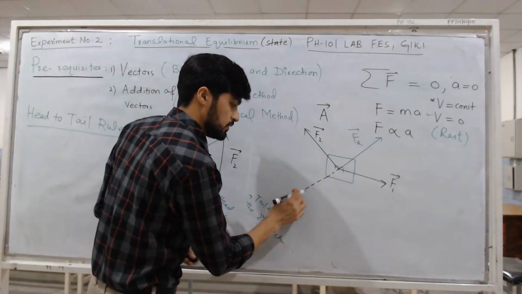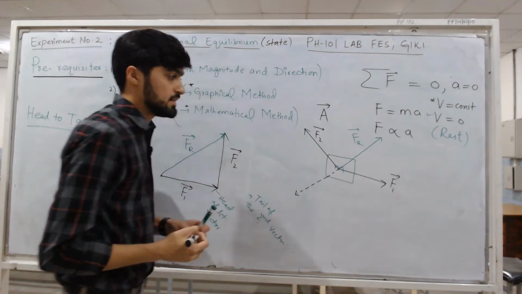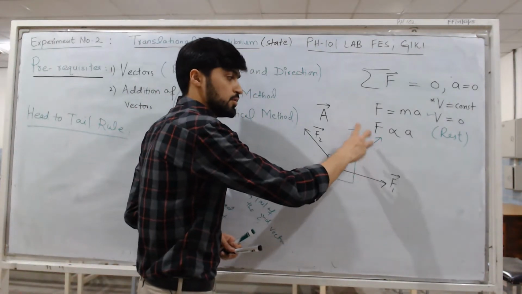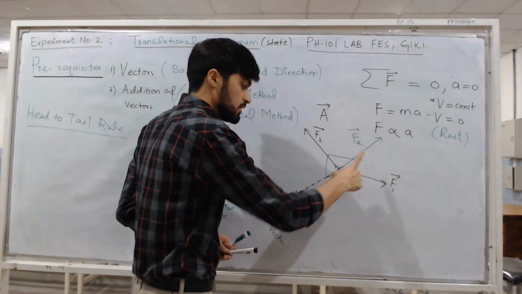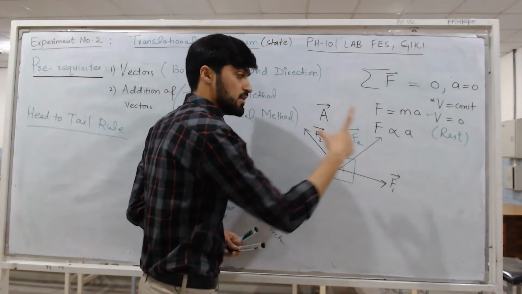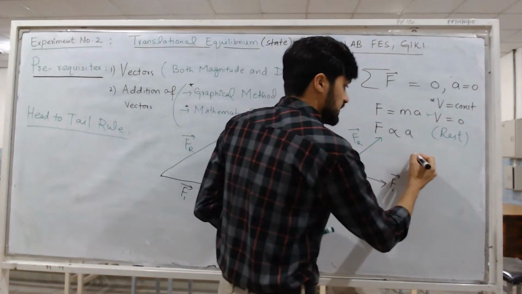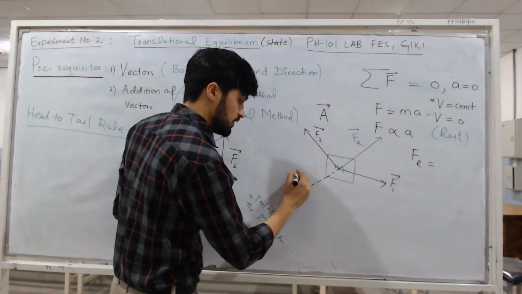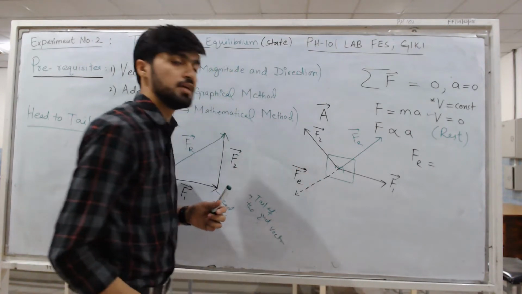Let's say I draw a force in the opposite direction to the resultant force that must be equal in magnitude to Fr. Let's call this force Fe, the equilibrium force, which we will be discussing shortly.